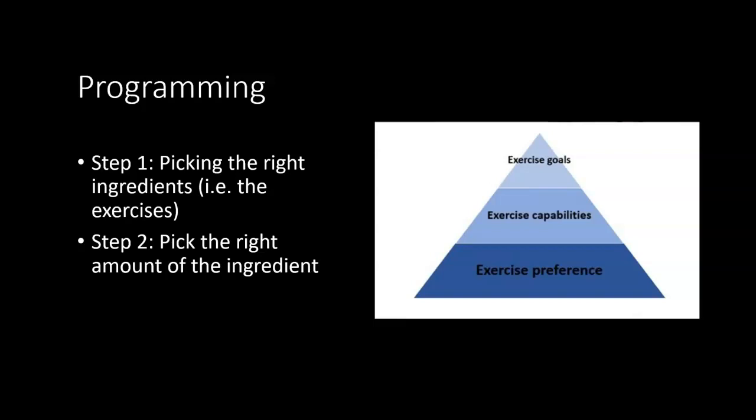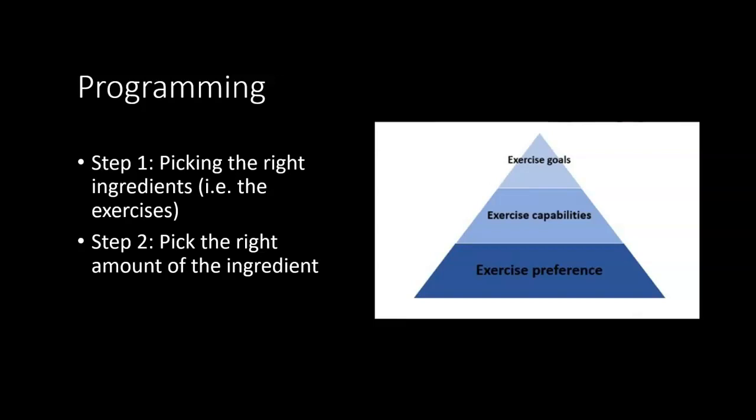It doesn't matter if their goal is, let's say, to gain muscle, and you think a back squat is a great exercise, and it might very well be for that person. But if they can't do it, then it's not a good exercise for them. So we need to regress in that case. Capabilities are the next thing that's going to determine exercise selection, and then also goals.